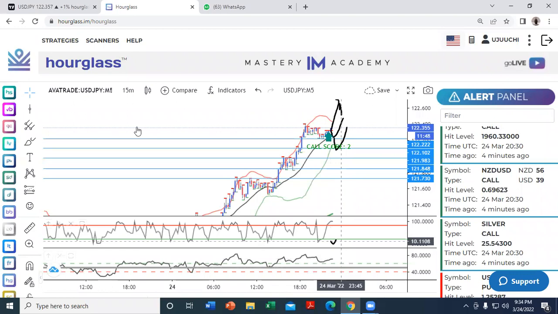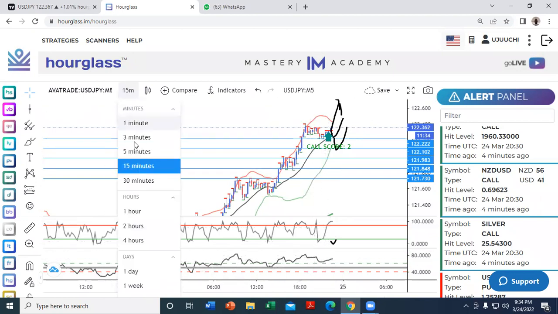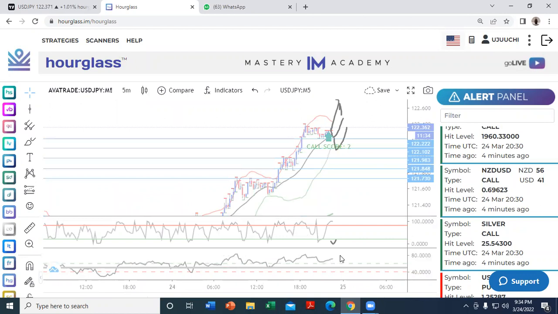Why? Because sometimes the 5 minutes might just be a retracement. So if I see the RSI still below on the 15 minutes, it gives me a good feeling that this 5-minute uptrend is good.